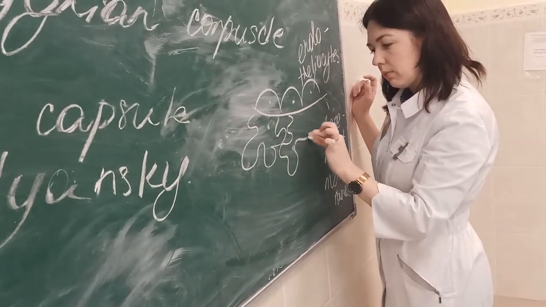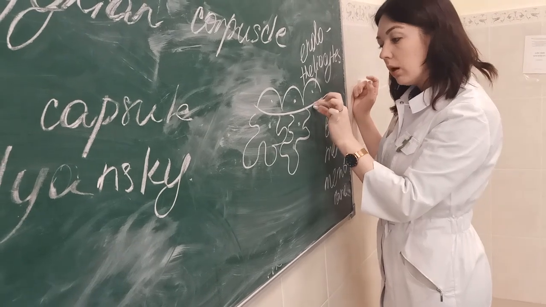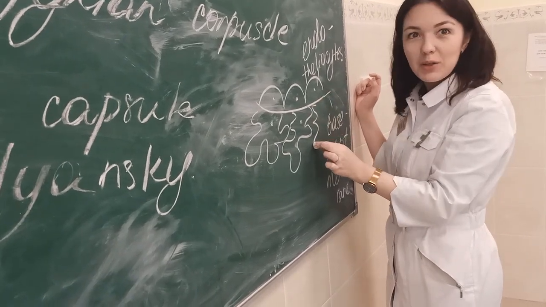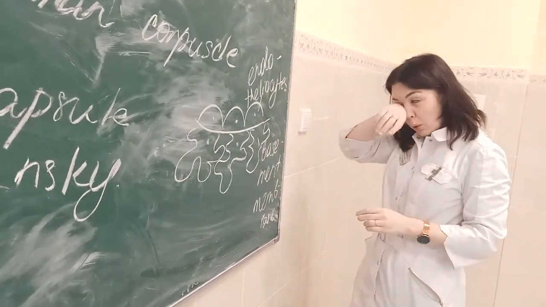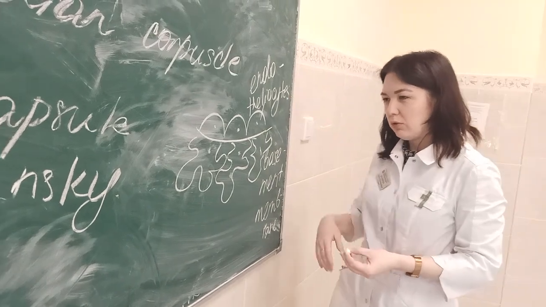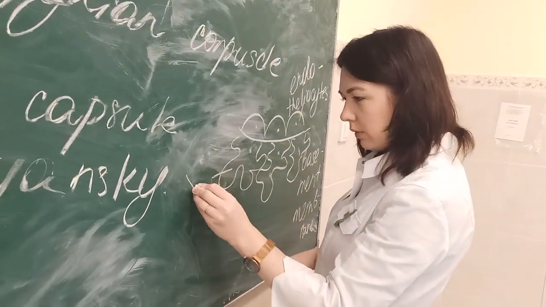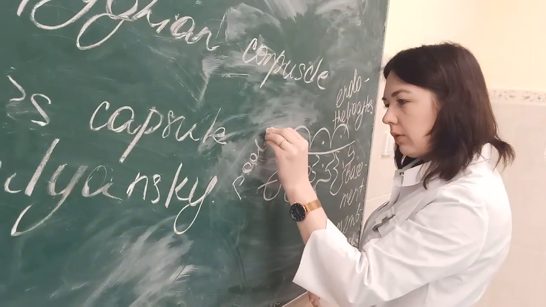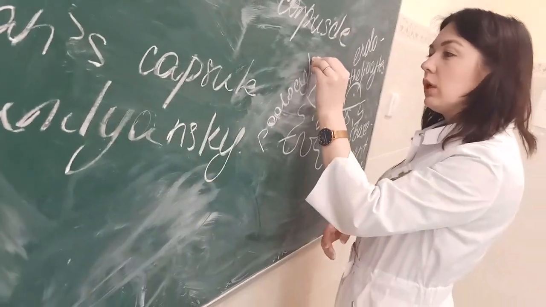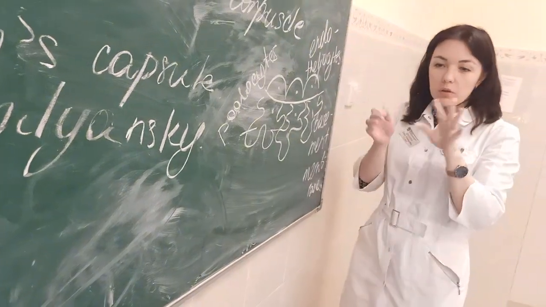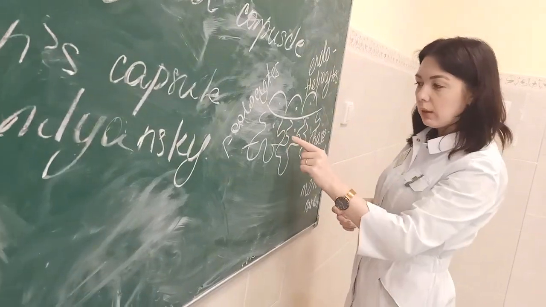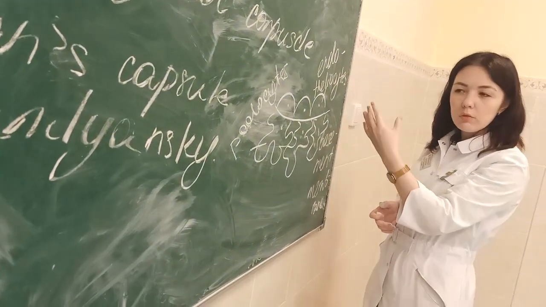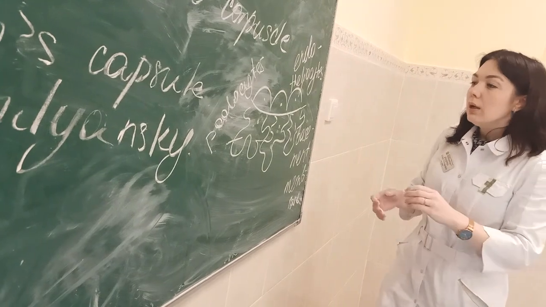Podocytes. Cyte means cells. All the cells end with cyte. So these are podocytes. Poda means leg. It's like an amoeba, which has pseudopodia. Do you know amoeba? It is unicellular.